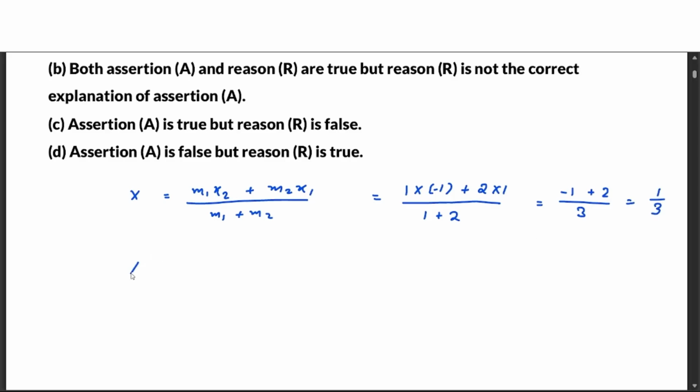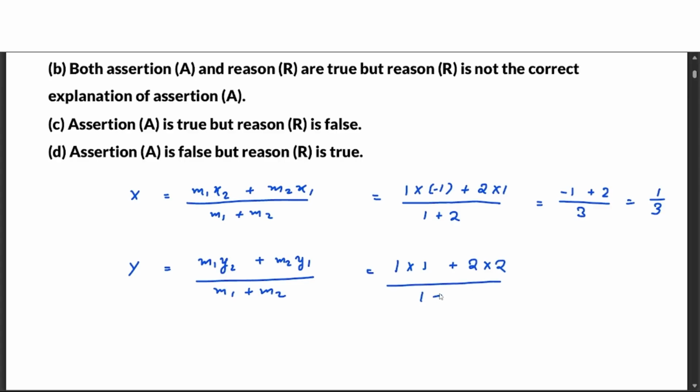Same way you can find the y coordinate. So y is m1 y2 plus m2 y1 over m1 plus m2. Put in the coordinate values: 1 times 1 plus 2 times 2 over 1 plus 2.